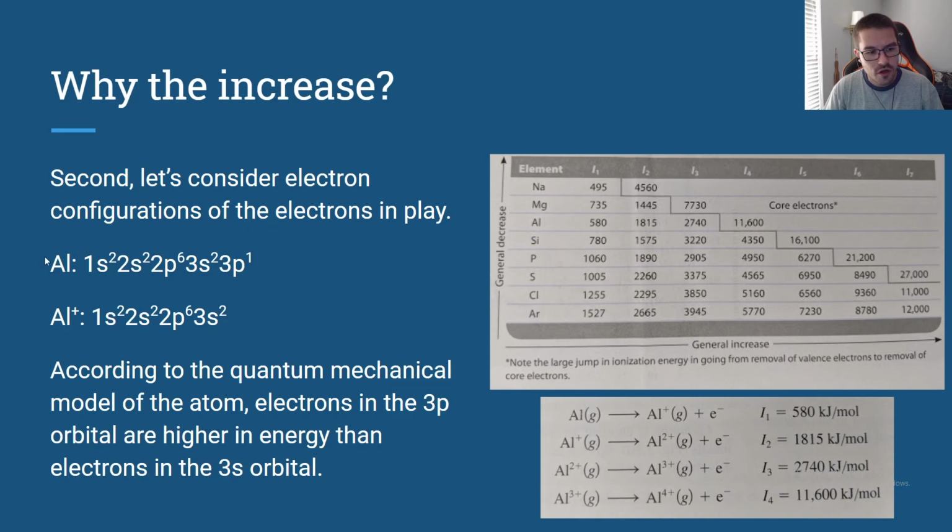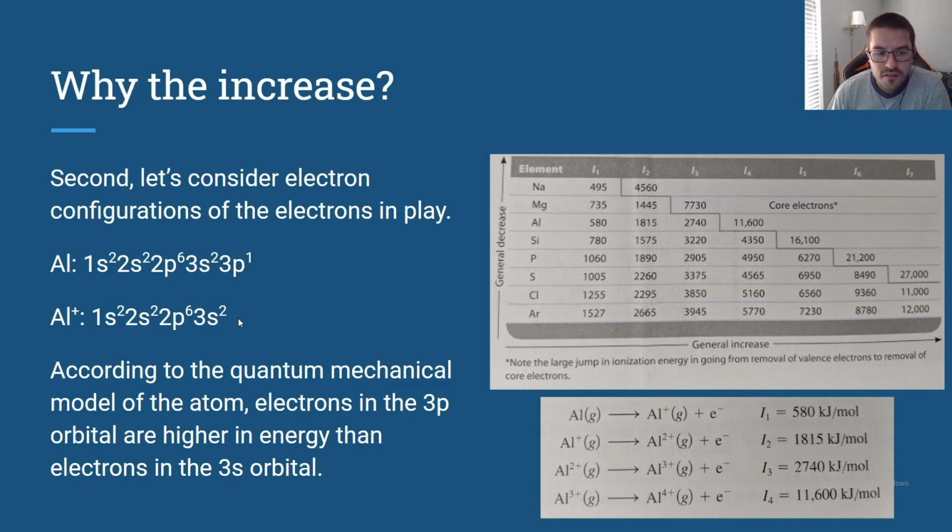I have the electron configuration of the neutral aluminum atom: 1s2, 2s2, 2p6, 3s2, 3p1. And then I have the electron configuration of the positively charged aluminum ion. This is the exact same thing, except we've taken this electron away. We've removed that first electron, and so this 3p1, this one electron in the 3p orbital, is gone now. So we have this electron configuration.